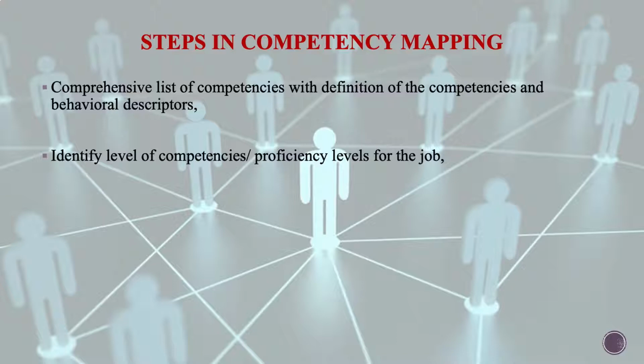Behavioral indicators are also called behavioral descriptors or simply BI. The next step is identifying the level of competencies or proficiency level for a job. Let me explain the fifth and sixth point with an example.